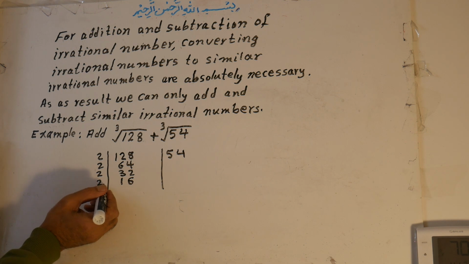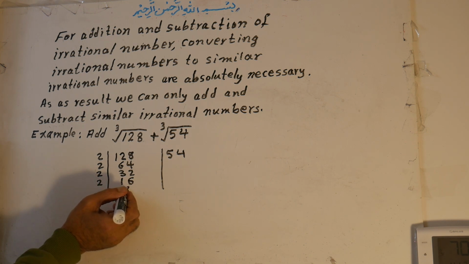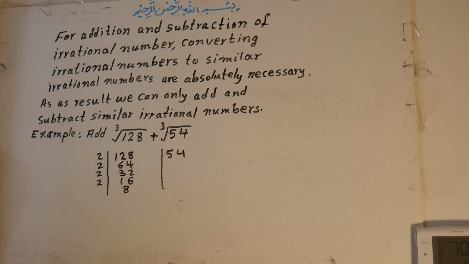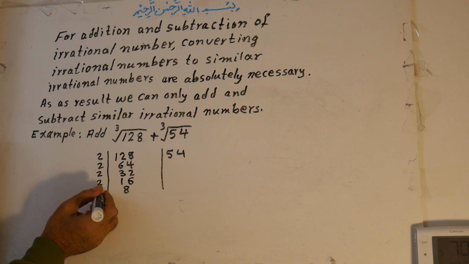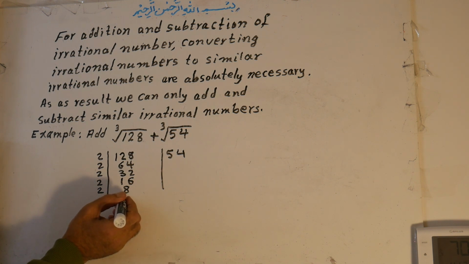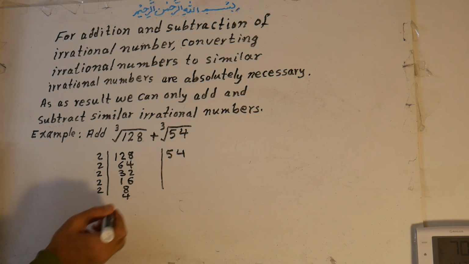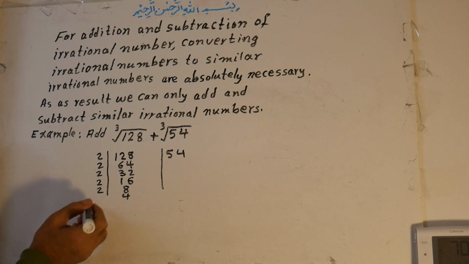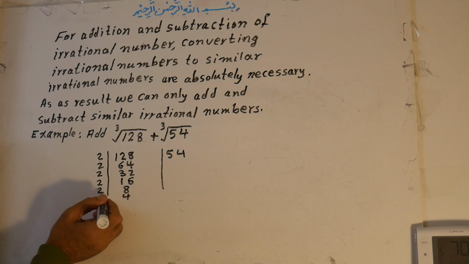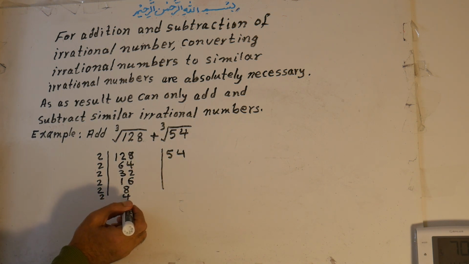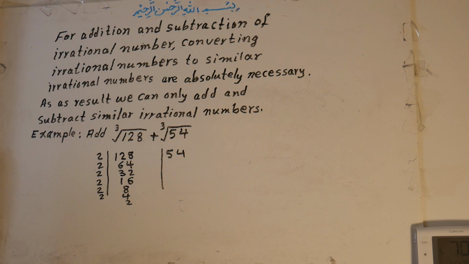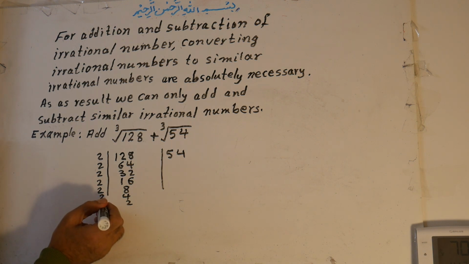Again 2: 8 times 2 is 16, 4 times 2 is 8, 2 times 2 is 2, and 1 times 2 is 2.